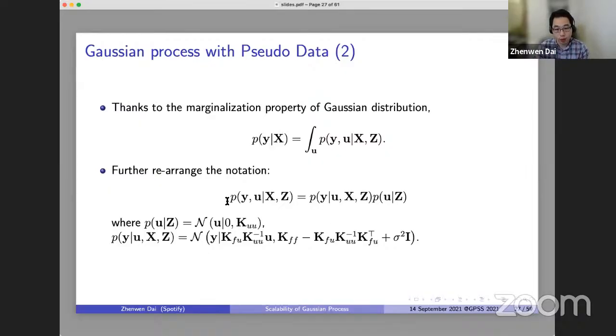Further, we can rearrange this joint distribution into a conditional form, where P of U given Z is a prior Gaussian process distribution sharing the same kernel function, which is basically 0 mean and covariance matrix K_UU, and P of y given U is a conditional Gaussian process, which over the finite data is written as a conditional multivariate normal distribution.